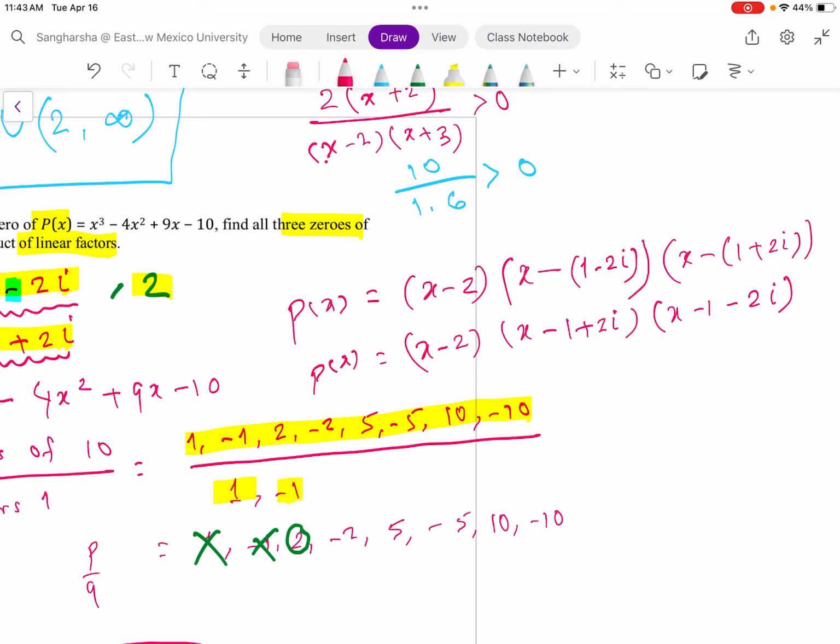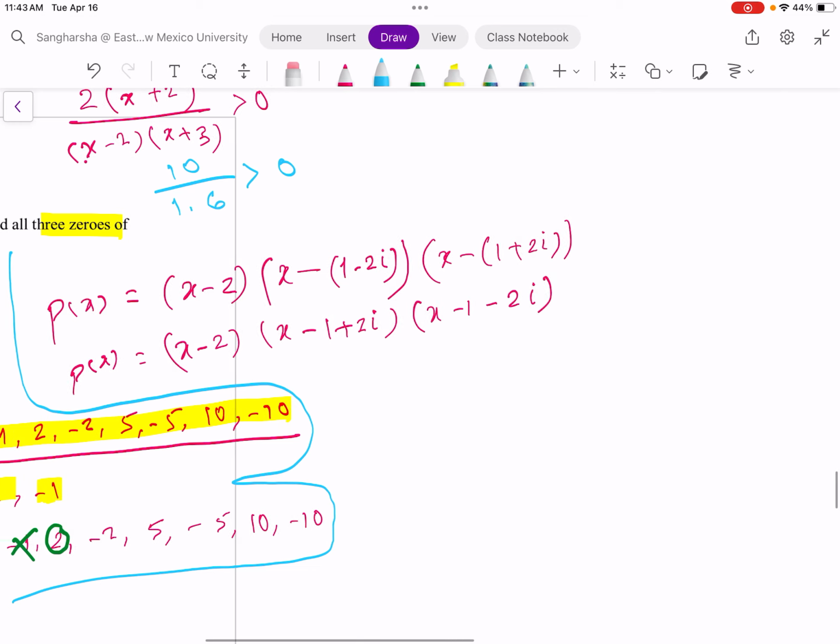Now, do I want you to get rid of i or not? Will it be easy for you to get rid of i here? The concept is going to be the same. Since it's a polynomial, we should not have an i in it, so we need to get rid of i. What do you do?